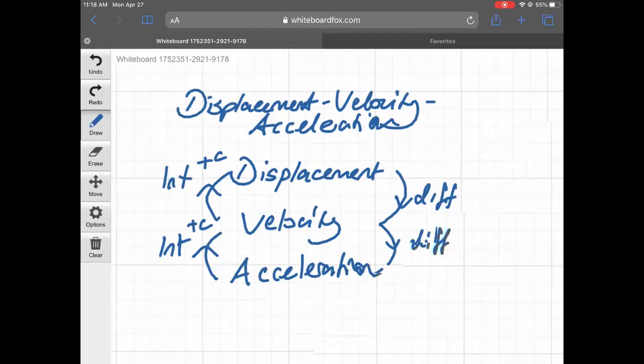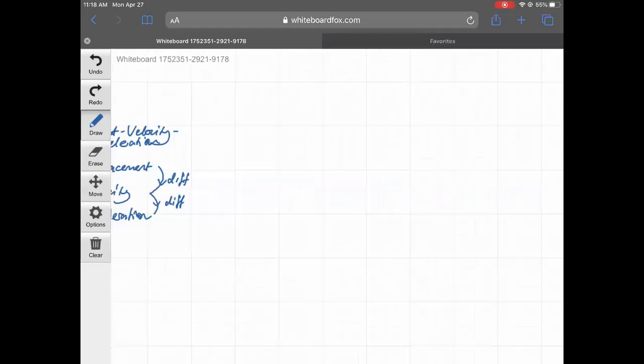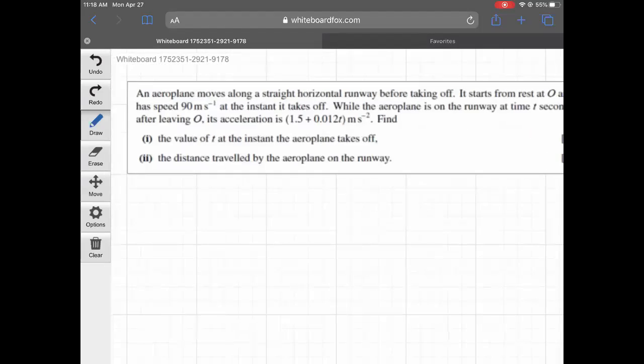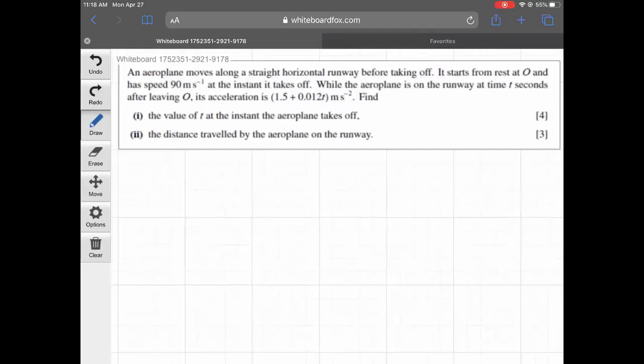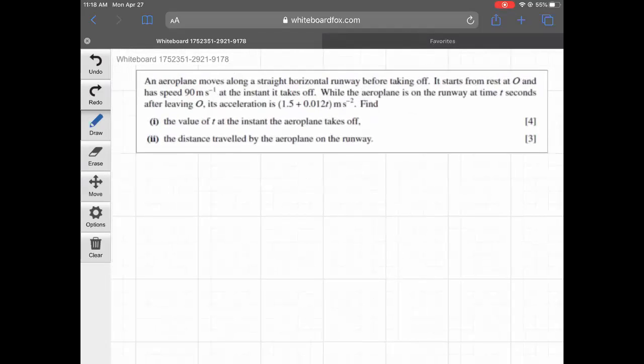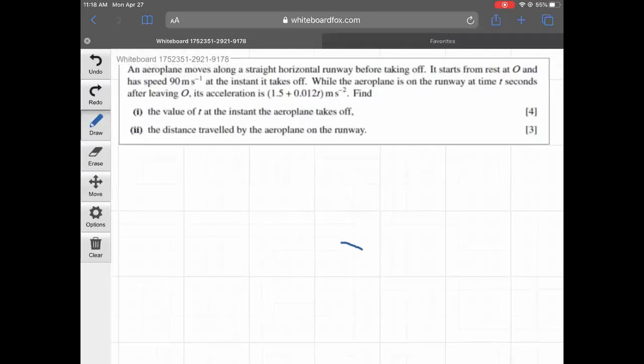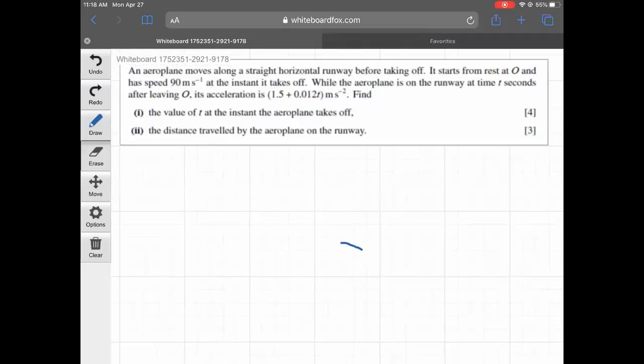Okay. So I've got a question here, so let's have a look. Hopefully you can all see that. So we've got an airplane. It's moving along a horizontal runway before it takes off. Starting from rest at O. So that's a crucial bit of information right there.